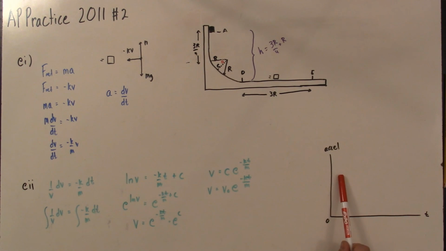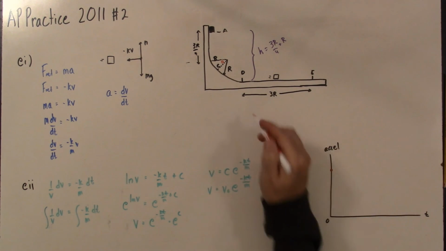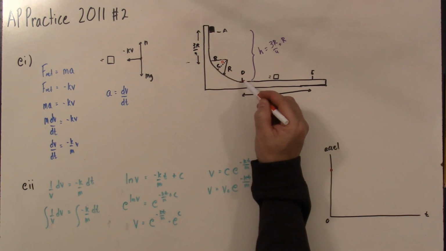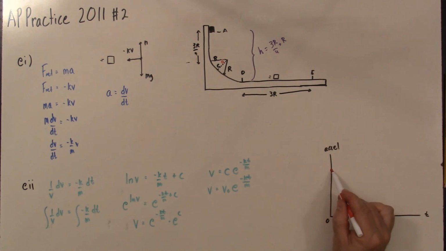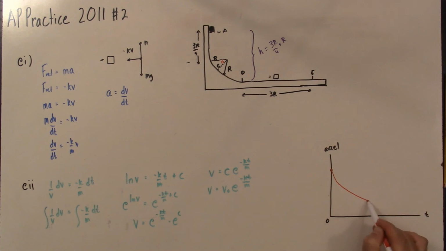So we should have a graph that's going in this direction, but it can't just go down and cross over. So maybe it decreases asymptotically, but it starts with some value, because when it hits D, it's already moving, so it's going to have some acceleration and velocity, and then asymptotically decrease, getting closer and closer to 0.